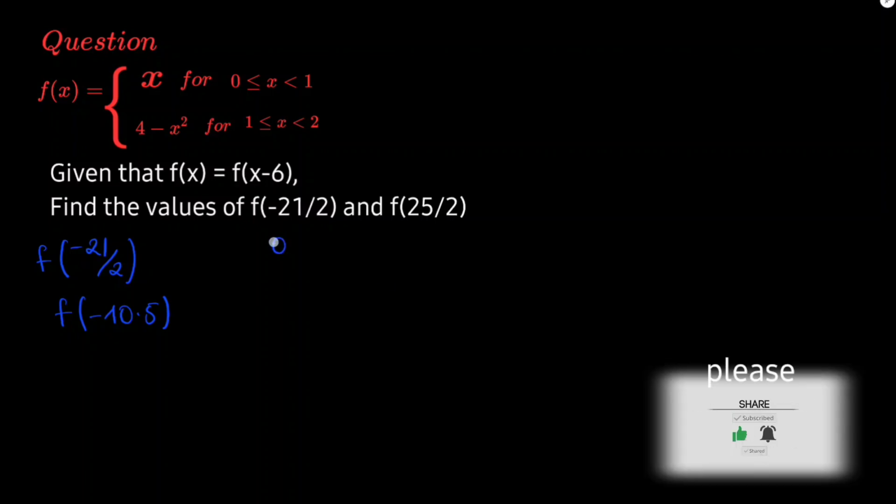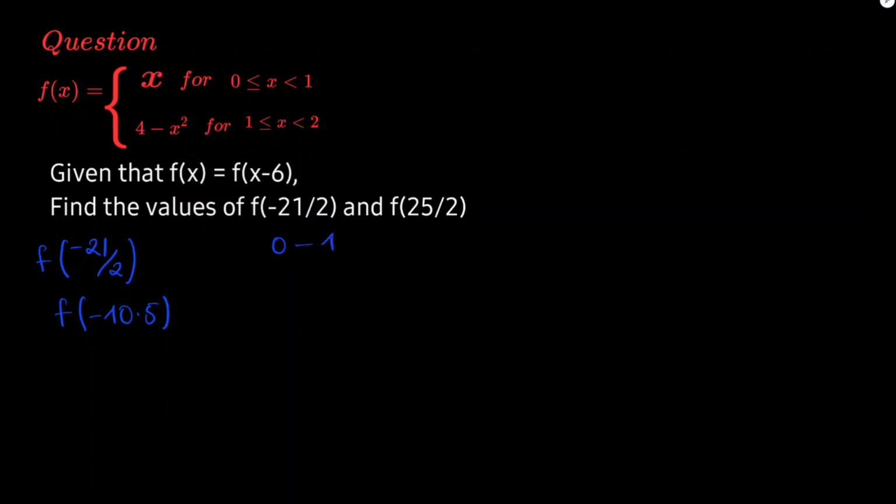The first one ranges from 0 to 1 and the second function ranges from 1 to 2, so our total range is from 0 to 2. Given that f(x) is equal to f(x minus 6), that already tells us that we have a period of 6.